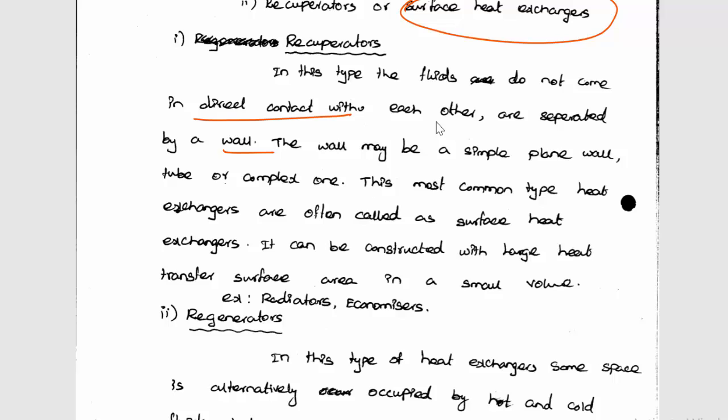As I already told you, this most common type of heat exchanger is called a surface heat exchanger. It is also constructed with a large heat transfer surface area. Once the heat transfer surface area is large, the heat exchanger efficiency will also be large. Radiators and economizers are recuperators.